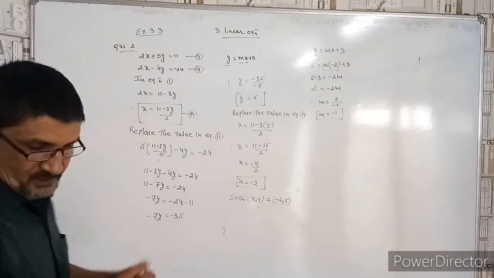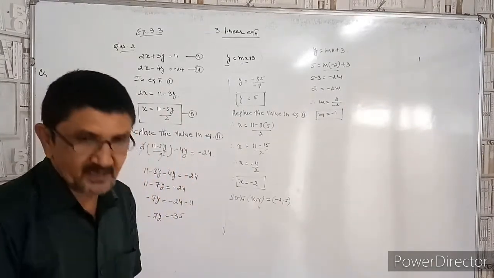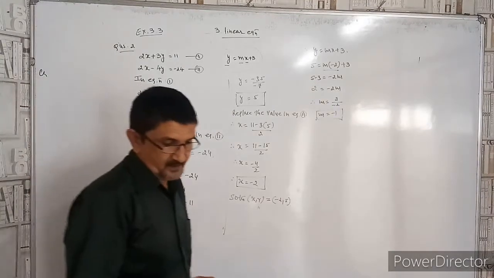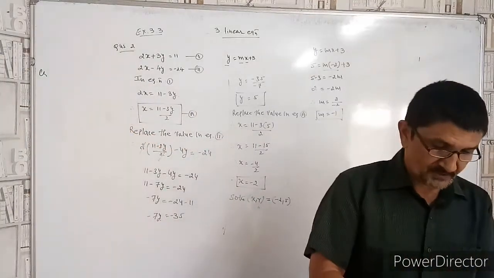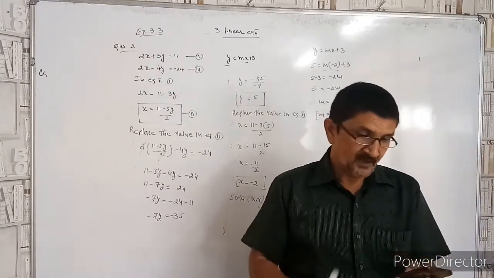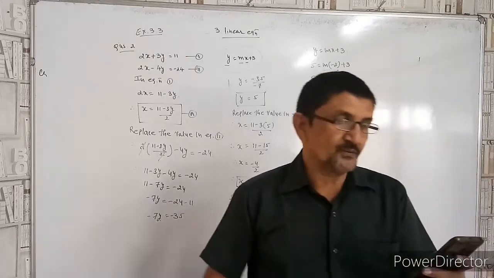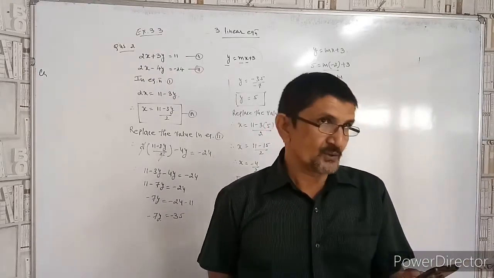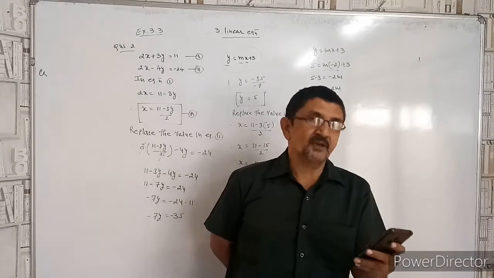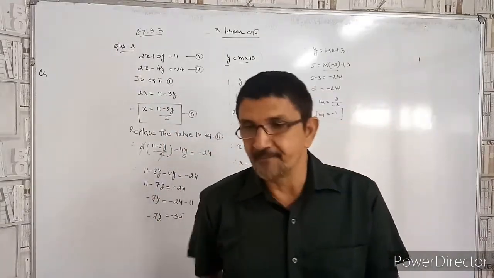So just go through the steps. Next, now we are taking the problem sums. The question is: the difference between two numbers is 26. That means suppose these two numbers are x and y.